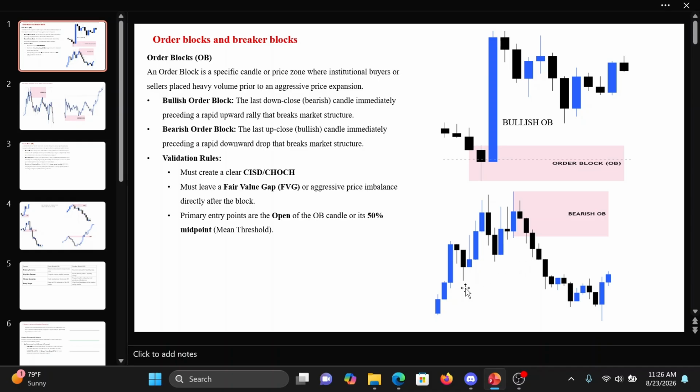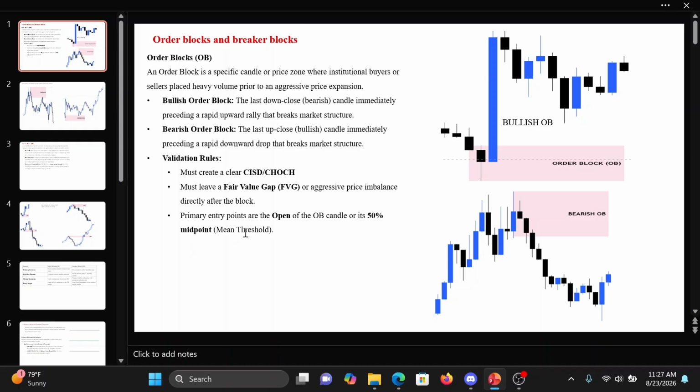If price has been bullish, printing higher high, higher low, higher high, we want to see it change character here, or change state of delivery, and again we push lower. This implies that what we have left before the change of character or the change in state of delivery is what we're going to refer to as the order block.